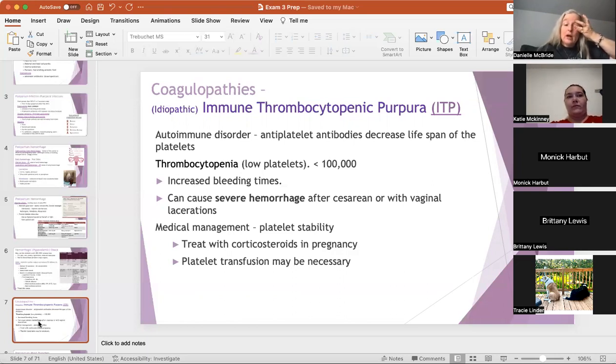And so with this, we know that she has low platelets. Before she even goes into labor, or even maybe in labor, we can medically manage her in such a way to help stabilize the shelf life of her platelets. So how would we do that? Well, how would we treat this?